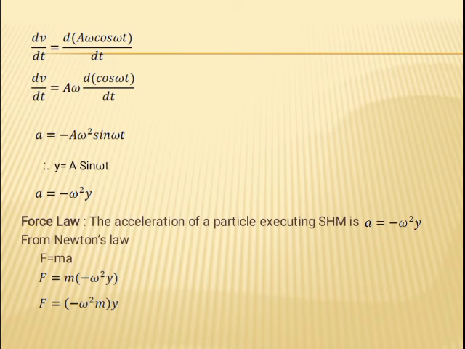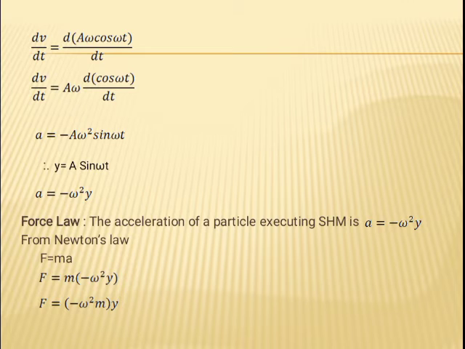But here we are going to express the formula for the force law. Hope you got my point. Now how to derive it, you can see the acceleration. First I have taken the acceleration of the particle executing simple harmonic motion.